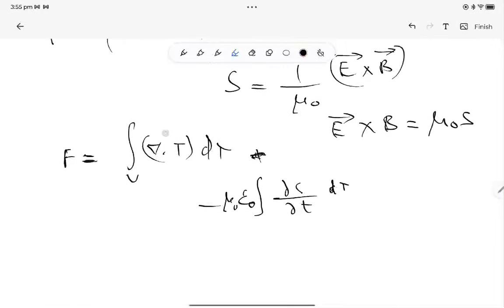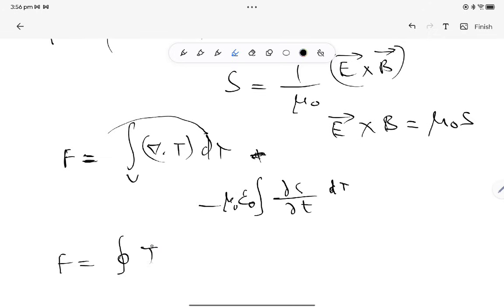Now, these volume integrals can be converted into surface integrals by using Gauss's theorem. We can write F is equal to, converting this into a surface integral, you need not now write divergence.